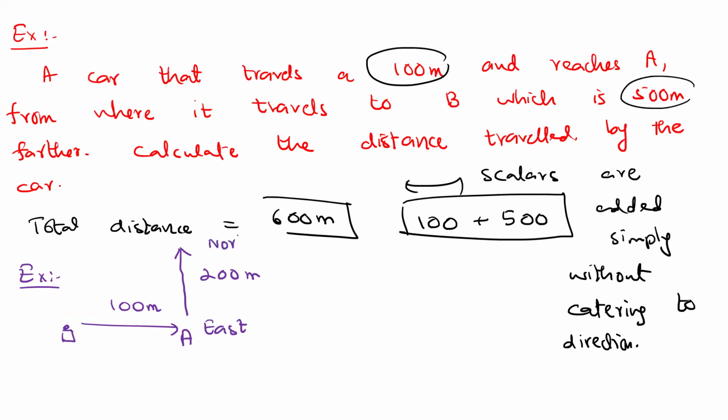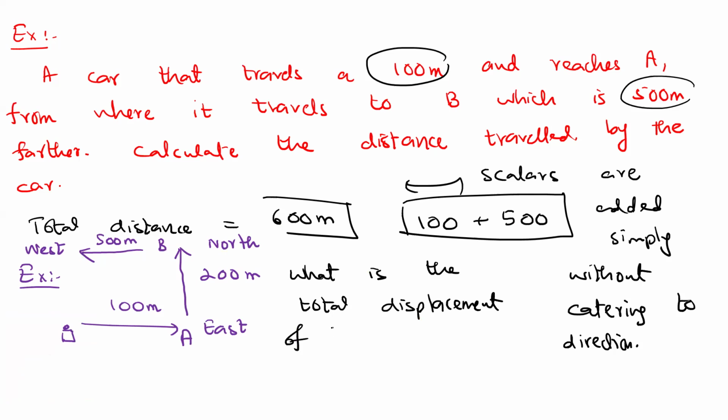North, and that's B, and then the car traveled 500 meters west. So what is the total displacement of the car?